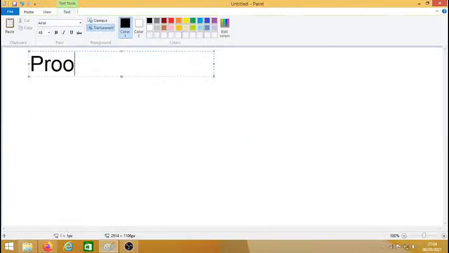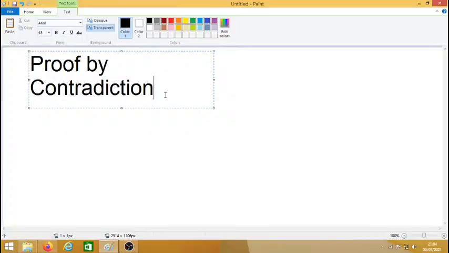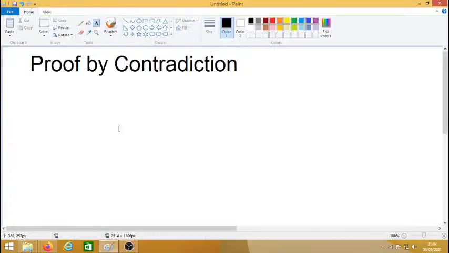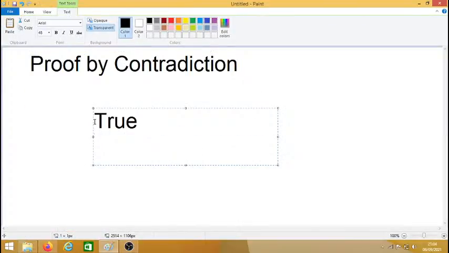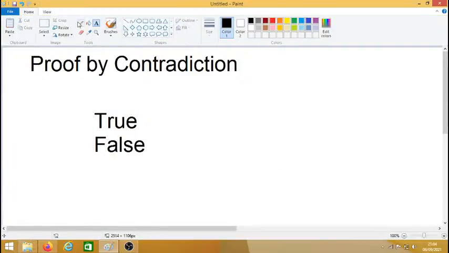Today's topic is proof by contradiction. Contradiction means that two things go against each other, particularly that one looks like it's saying something and the other one is saying something else that's the opposite, so they can't both be true. So it means that if we've relied on something we thought was true to begin with, and then we've developed that and we find out that what we've ended up with is something that's false, then that's a contradiction.